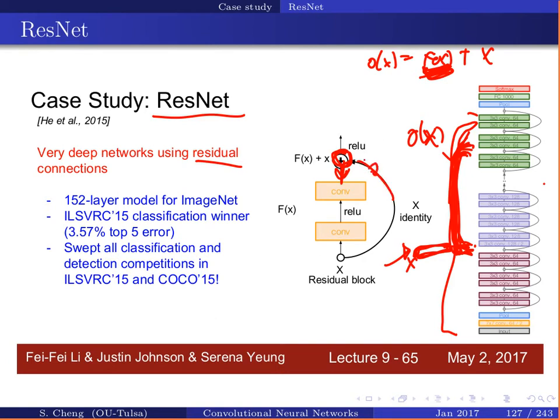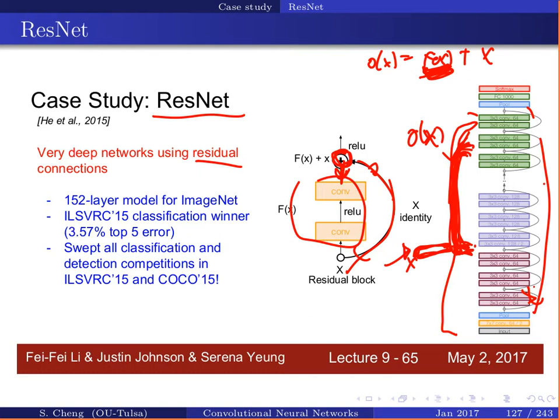So we forward the gradient directly, bypassing these two layers. Because you have this superhighway, it's easier to backprop gradients all the way to the earlier layers. That's usually why people think ResNet is doing so much better than earlier models.